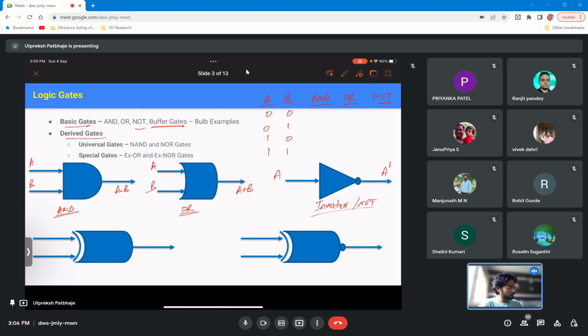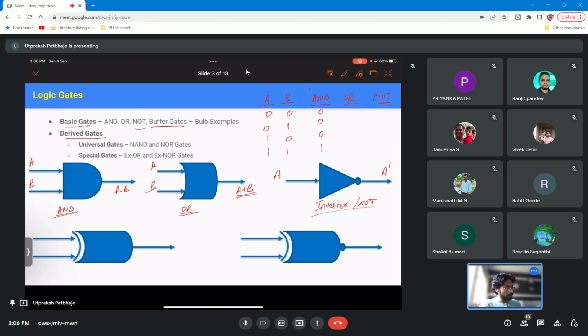For the AND function, it is very straightforward. Whenever both of the inputs are 1, and only then, we will get an output of true or 1; in all other three cases, it will be 0. This extends to even higher numbers of variables: only when all of the variables are 1 will you get a true output. Similarly with the OR gate, you get a true output whenever even one of the inputs is true, as in the case of binary addition.